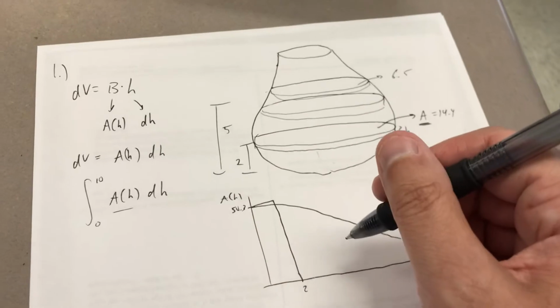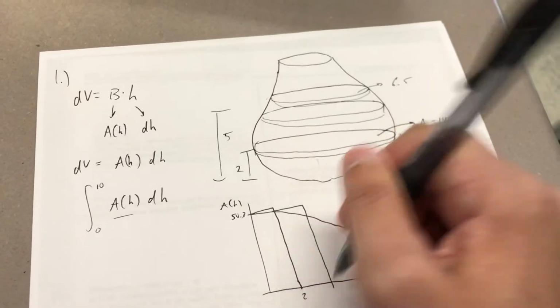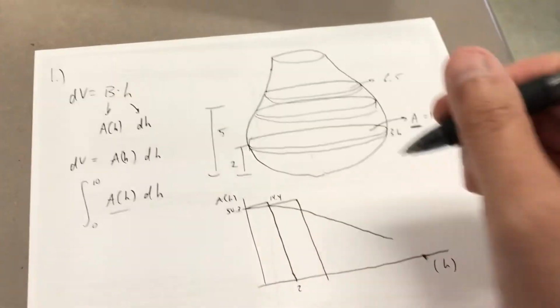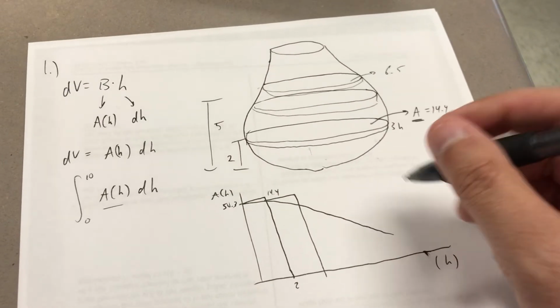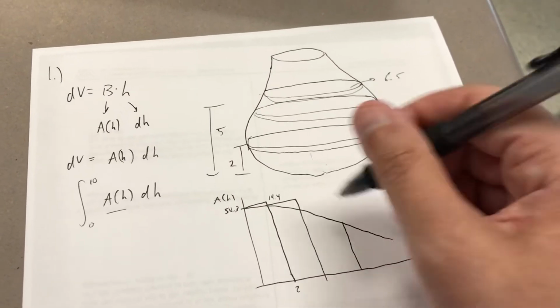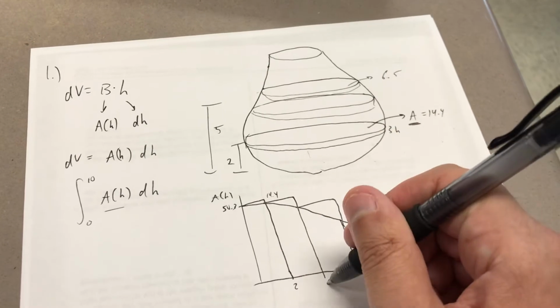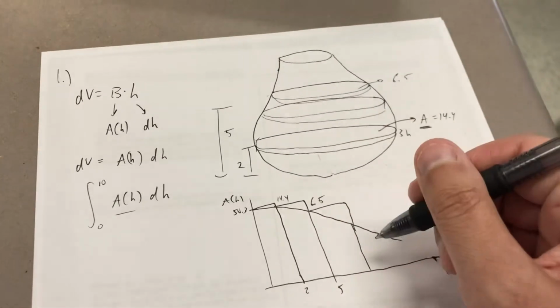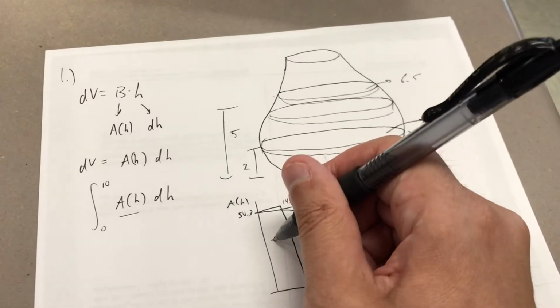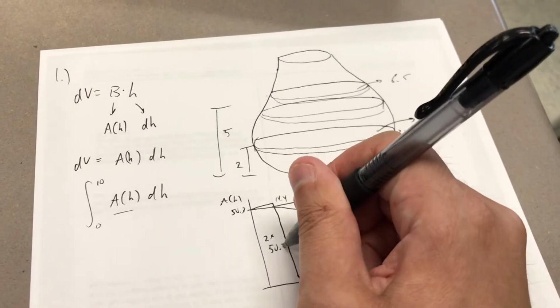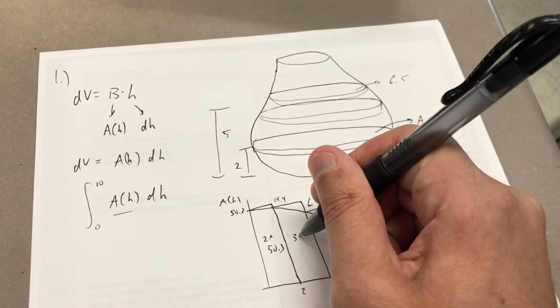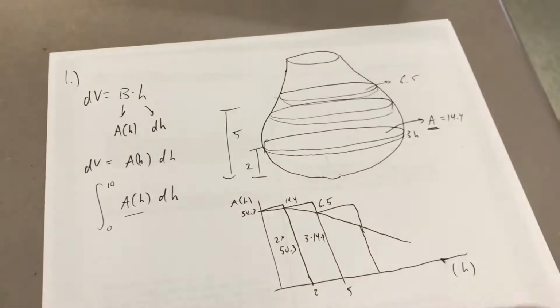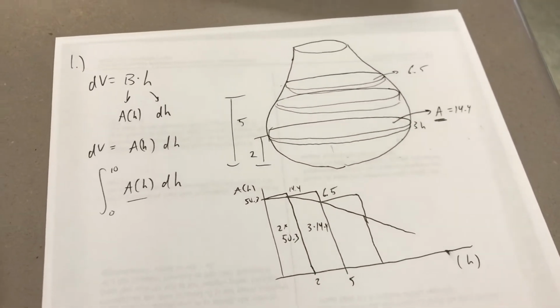The next point is at 2. It actually drops to 14.4, so my graph is not very accurate, but that's okay. The next point is at 5. These are left Riemann sums. So next point is at 5, 6.5, and so on. So anyway, the area of this first one is just going to be 2 times 50.3. The area of this one's going to be 3 times 14.4, and so on. And you can just kind of add all of that up.